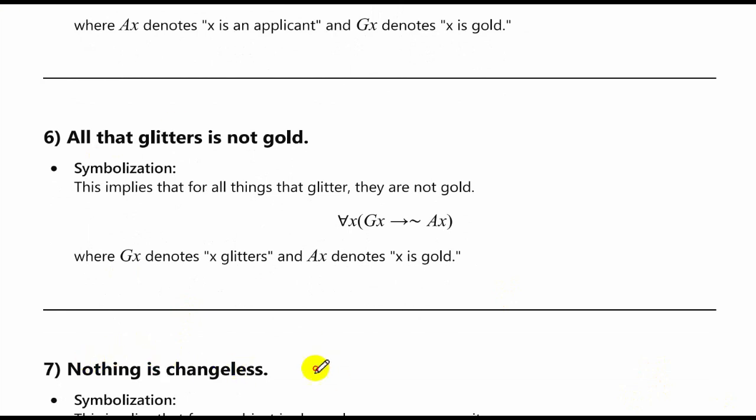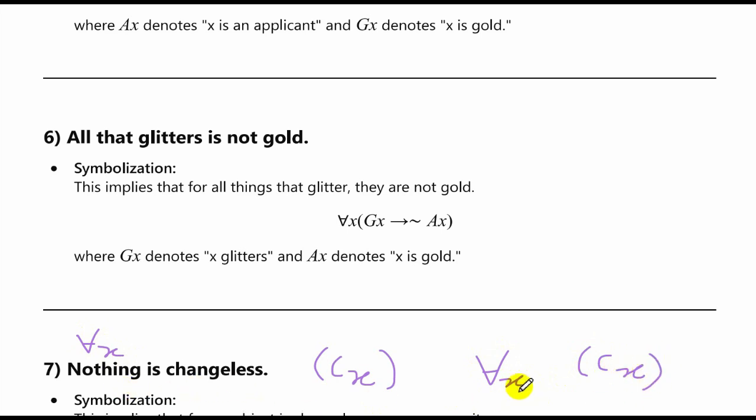Nothing is changeless. So they'll give us CX because there is nothing else here. CX, which means nothing, means it's a universal quantifier. So nothing is changeless.